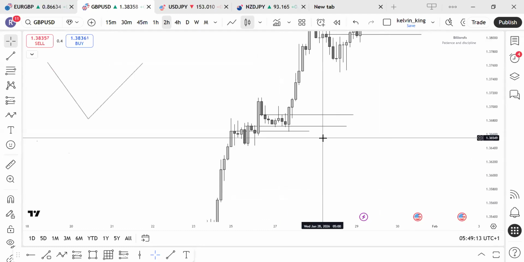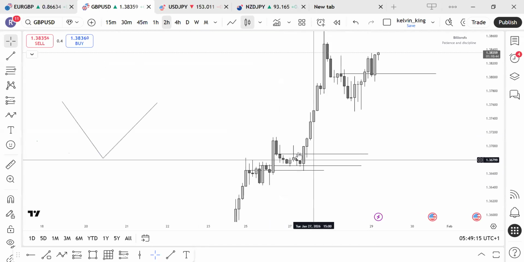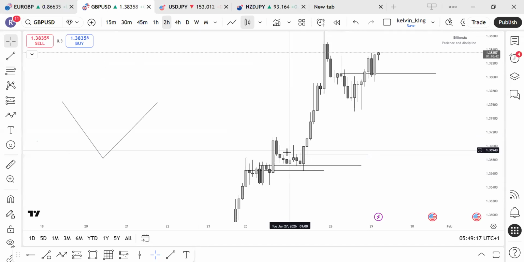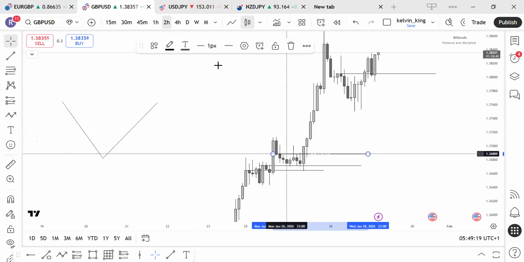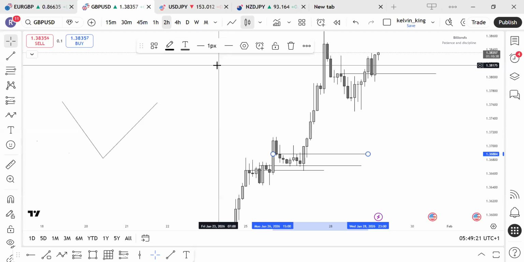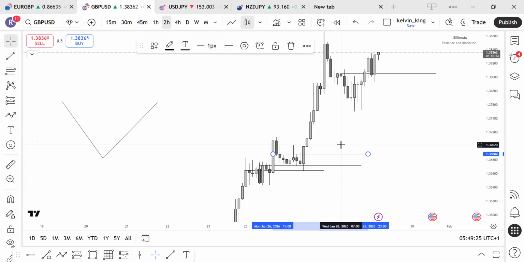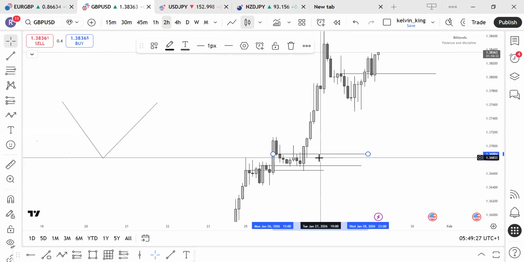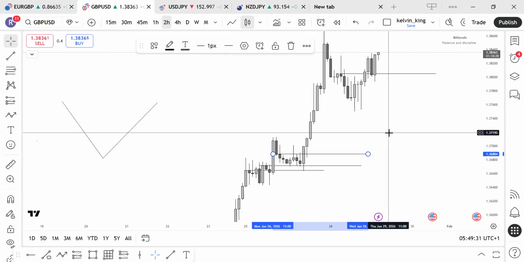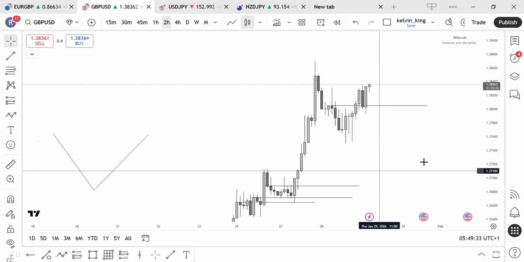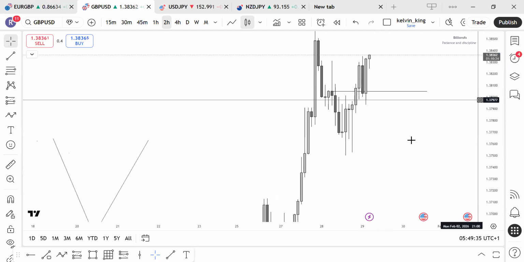And then this one, this level is a level in 4 hours, but it's not a key level in 2 hours, just an open close level. Open close levels are also very, very important as well. But we are focused on levels with third candle rejection. Now, what do you see here?